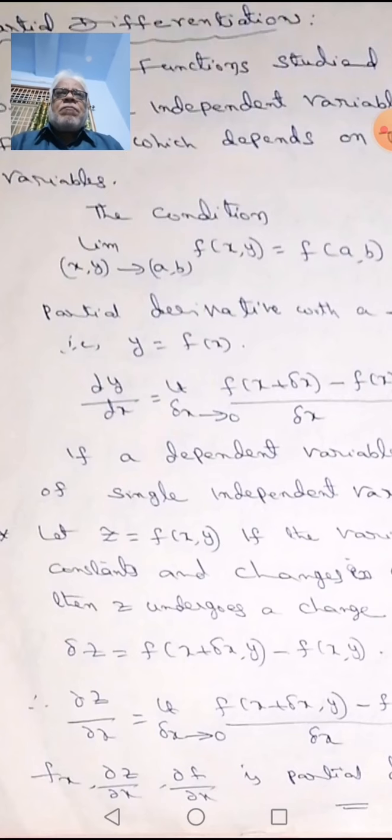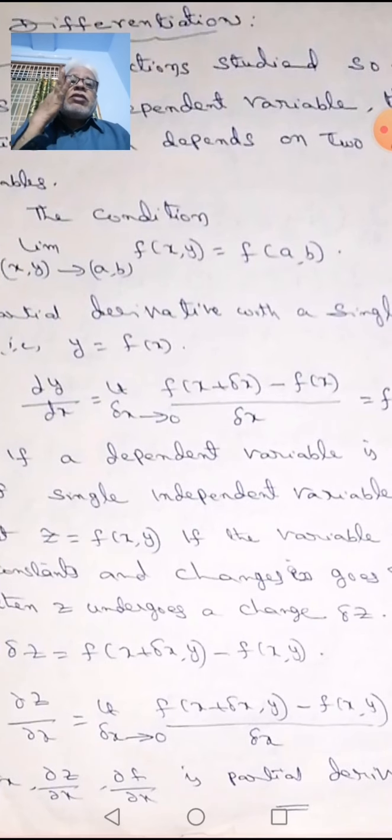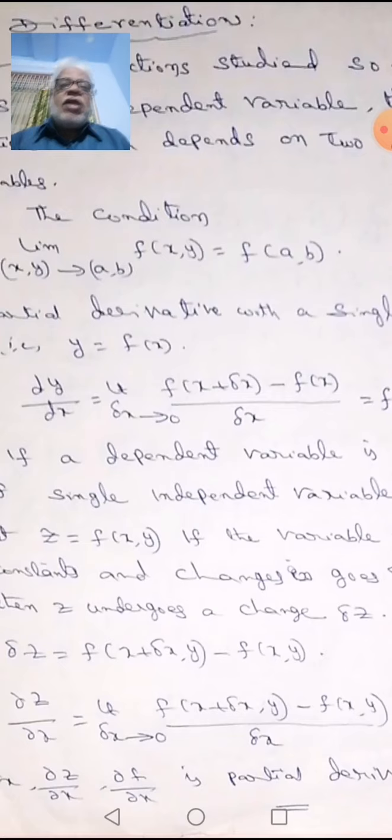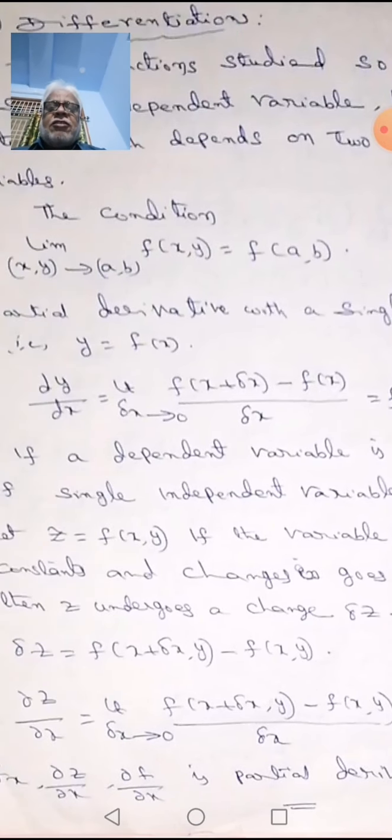If you find the derivative with respect to x, you treat y as a constant. With respect to y, you treat x as a constant. So the formula for dy by dx is the limit as delta x tends to 0 of [f(x plus delta x) minus f(x)] by delta x, which is equal to f dash x.